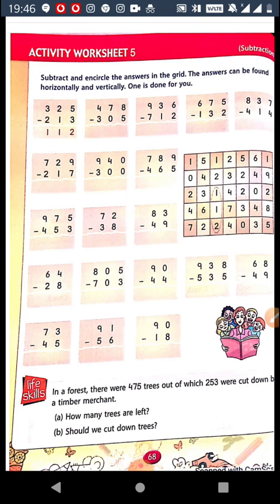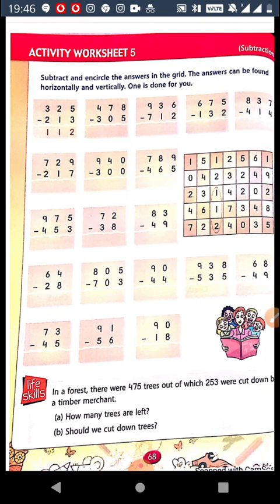So in a forest there were 475 trees, out of which 253 were cut down by a timber merchant. Timber is wood. So people cut trees for wood, for making furniture and other things.